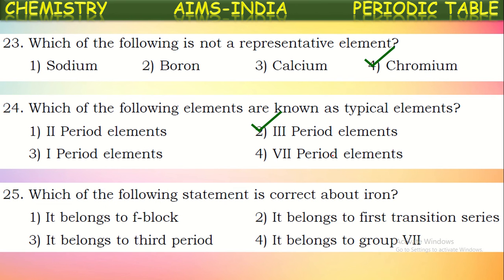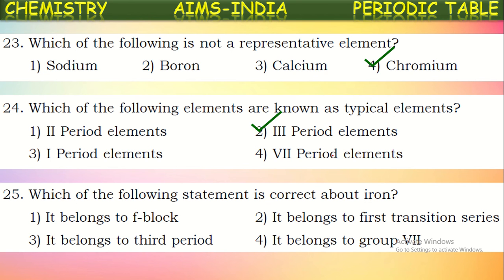Next, which of the following statements is correct about iron? What about iron? Is it an f block element? No. Does it belong to transition series? Yes, first transition series. We told earlier, 3d transition series.